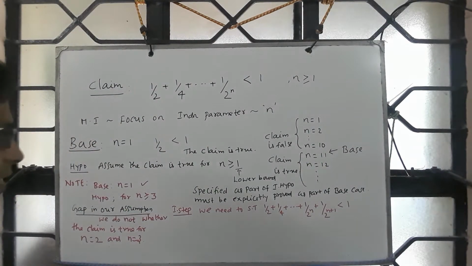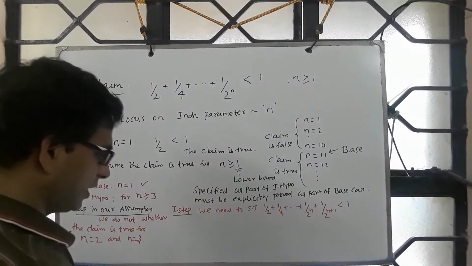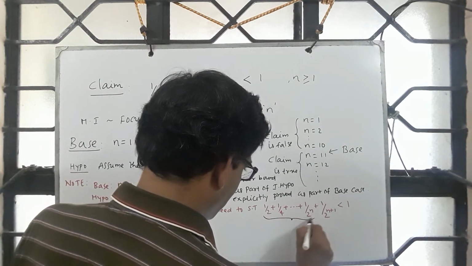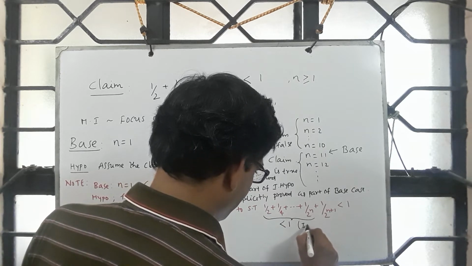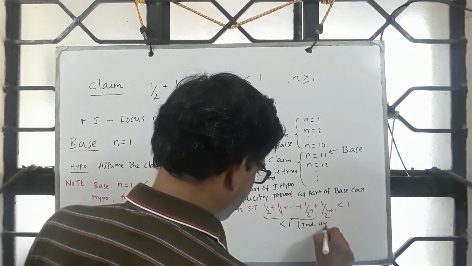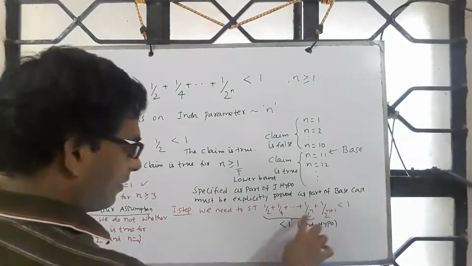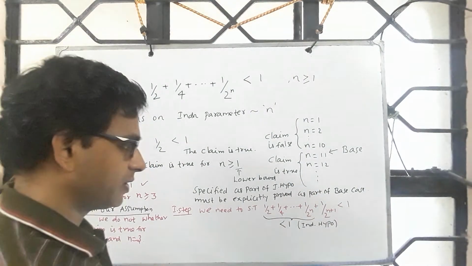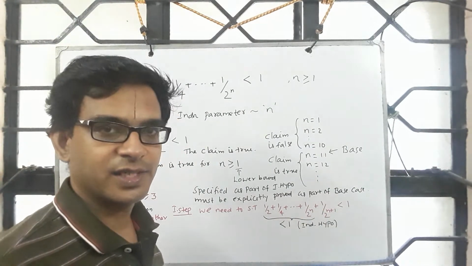So please note, when I say assume the claim is true for n greater than or equal to 1, this part is less than 1. This is the inductive hypothesis. Now when you have 1 divided by 2 power n plus 1, the n plus 1th term as well, together we need to show it is less than 1.